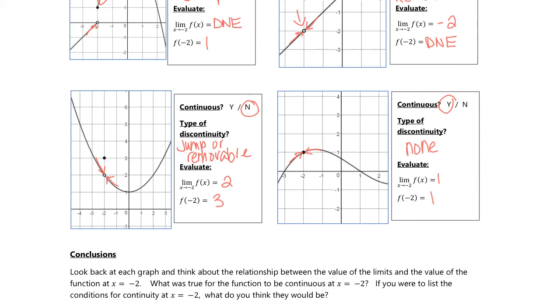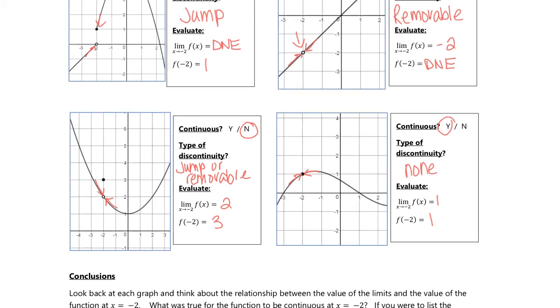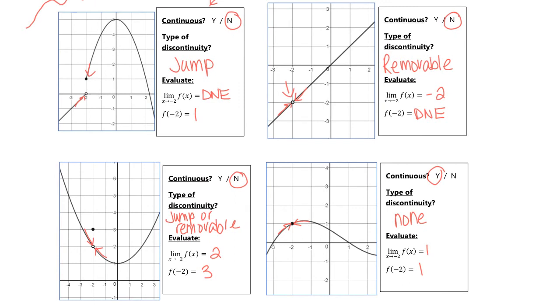So I want you to kind of think about the relationship between these discontinuities and whether or not this function is continuous. So we can see in these examples, this one is not continuous, not continuous, not continuous. This one is continuous, okay?